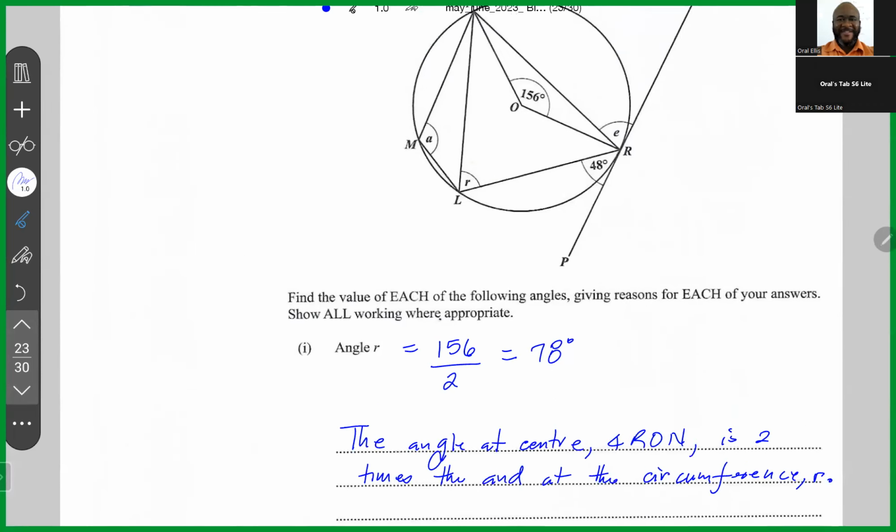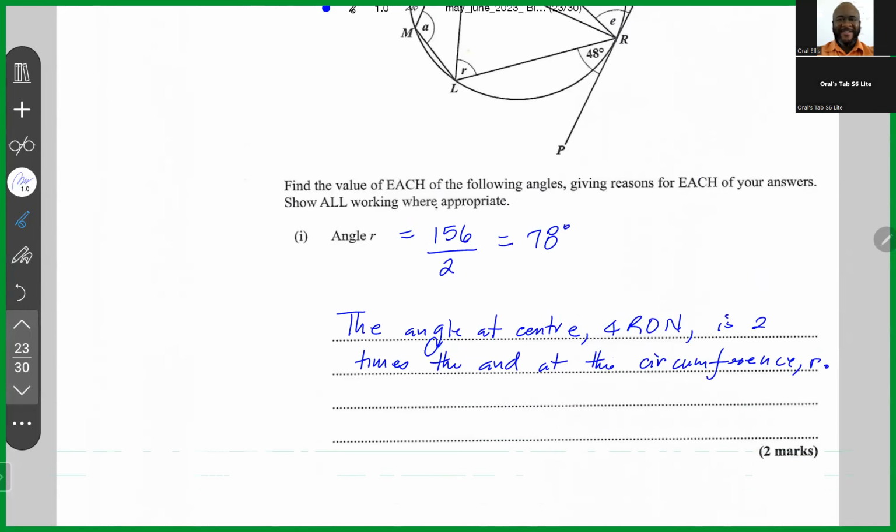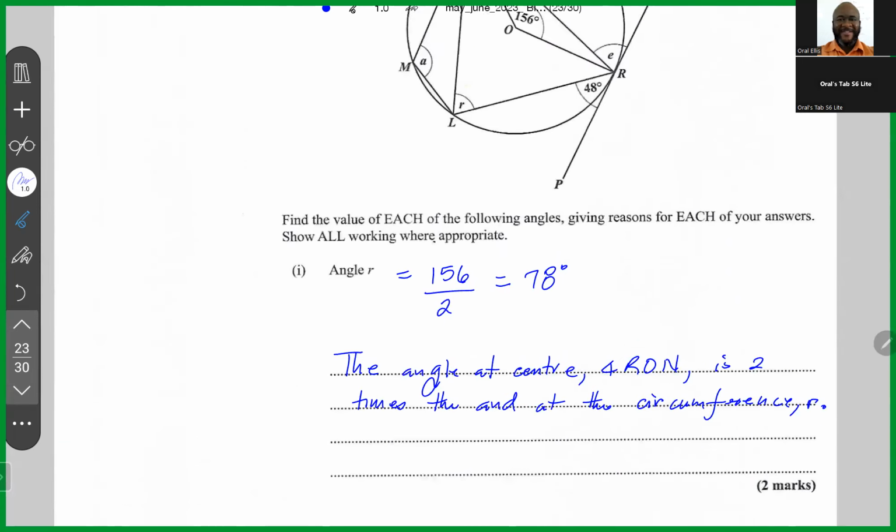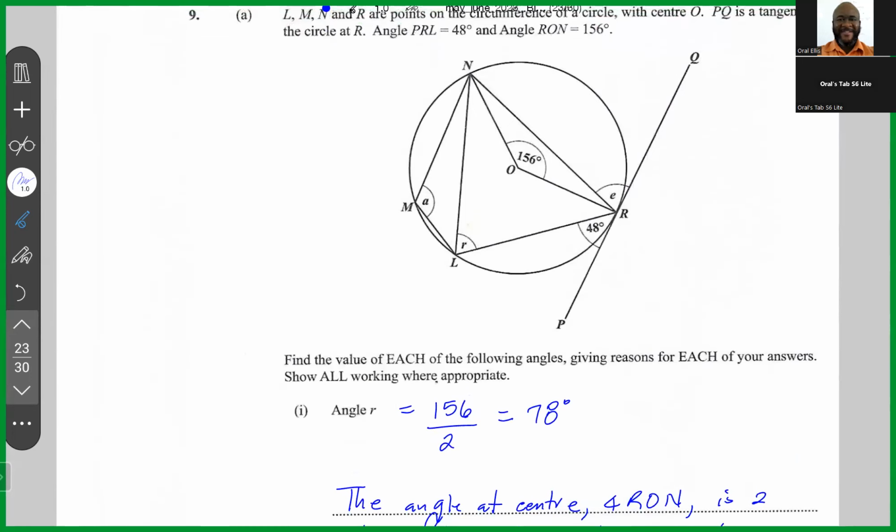So how do I identify these? If the angle at the center is 2 times the angle at the circumference, it means that the angle at the circumference is half the angle at the center. The angle at the center is angle RON, it's 156 degrees. So how do we identify them? The angle at the center and the angle at the circumference both start and end at the same points on the circumference.